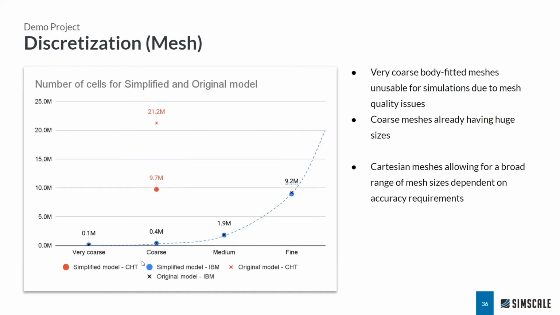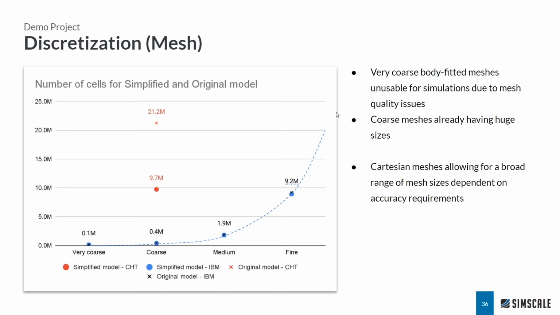As opposed to this, with the IBM meshing, or the Cartesian preparation, we can use all levels of refinement. We can obviously also adjust them, but we start from around 100,000 cells and go for fine meshes up to around 10 million, meaning that we start with the body-fitted meshes with our first simulation, where we end up now on the fine level with the Cartesian meshes.